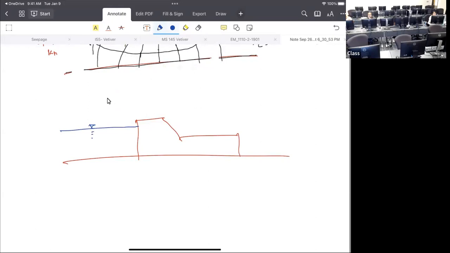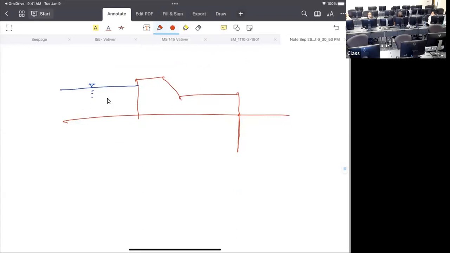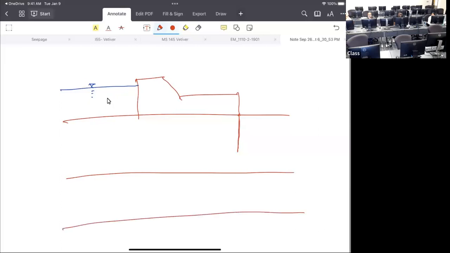Let's say you have a sheet pile here, and then you have two layers, and these two layers have two different K1 and K2, with kh and kv.